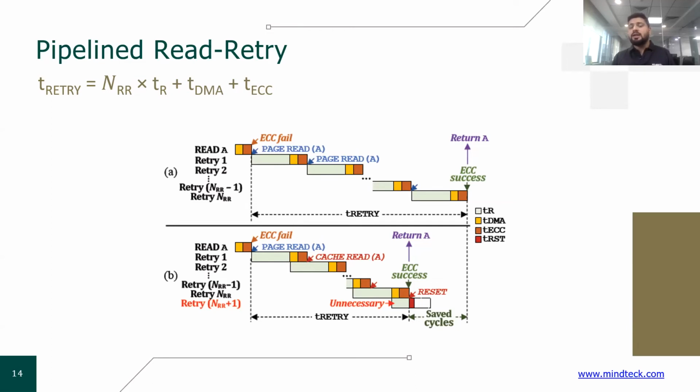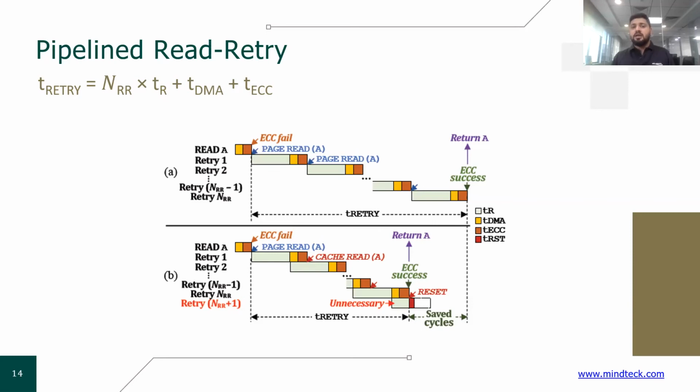And this will happen until ECC succeeds. As you can see, the retry step does not complete until we start retry 2. This way we are taking a lot of latency. Now, how can we reduce it?